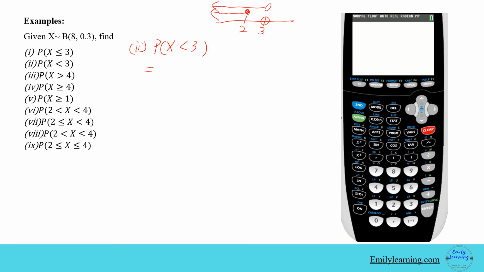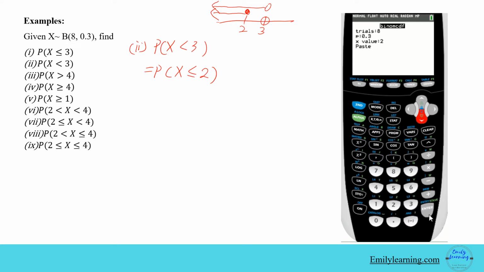So it's equal to P(X ≤ 2). Now that I've changed it to P(X ≤ 2), we can use the graphic calculator to find the probability. Press second followed by vars to go to distribution. Then go to B, which is binomcdf. So n is 8, p is 0.3, and x is 2.